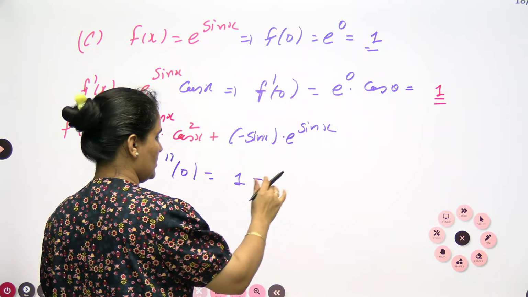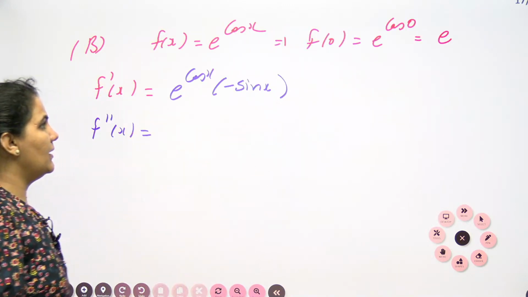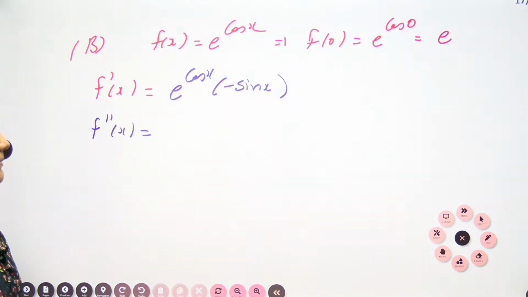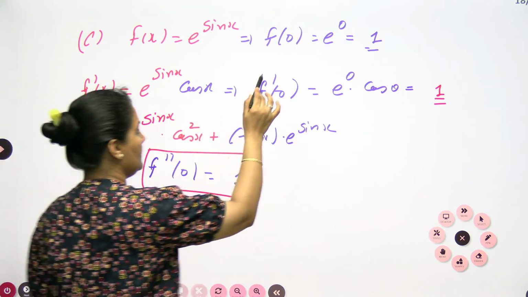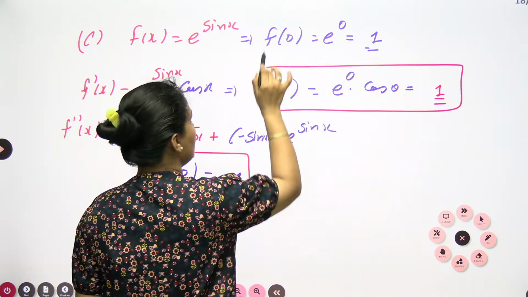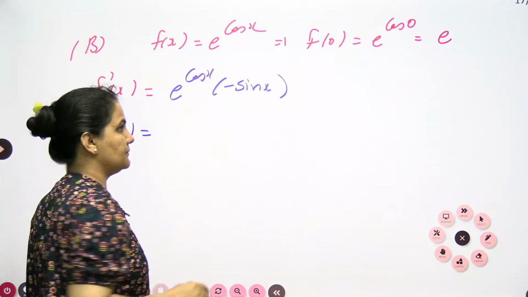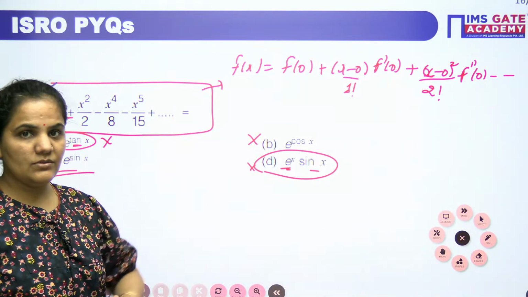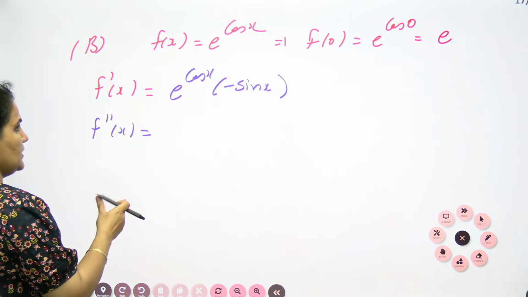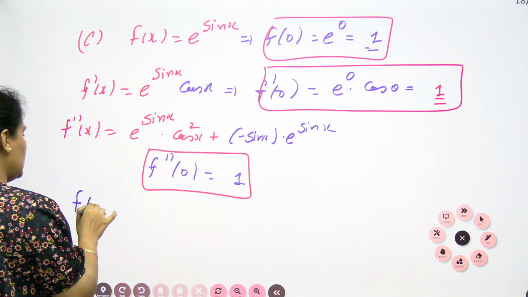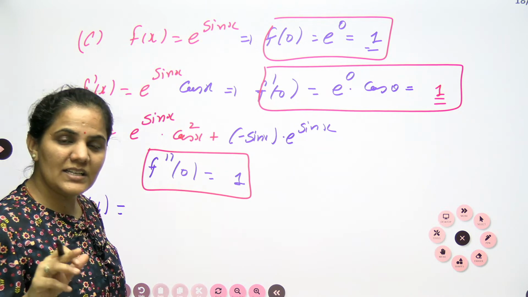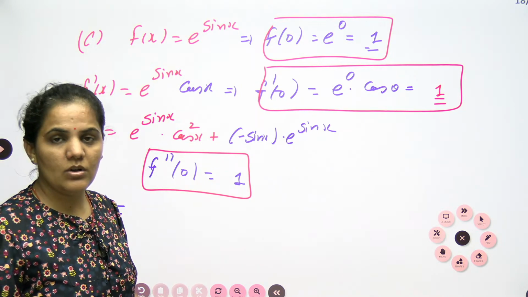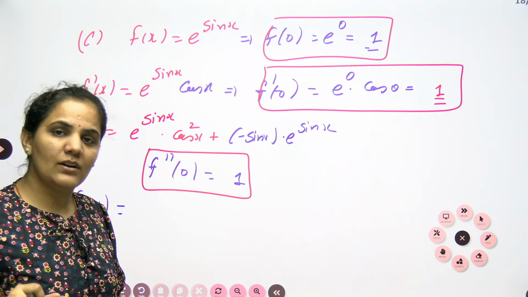So again I have 1. The function value is 1, the first order derivative is 1, and f''(0) is also 1. Now if I put these values in the Taylor series expansion at x equal to 0, that is the Maclaurin series, which we generally use.